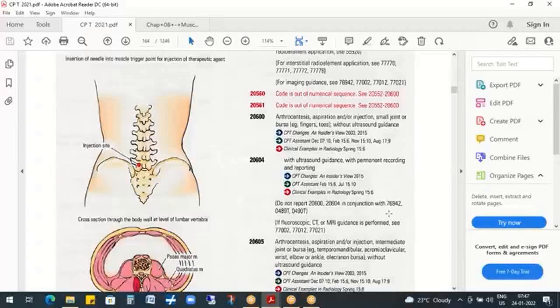What is the type of joint here? Intermediate joint. The example is given in parenthesis. The information in parenthesis in the code description or below the code description is very important. What are the intermediate joints? Temporomandibular joint, acromioclavicular, wrist, elbow and/or ankle. Understood?